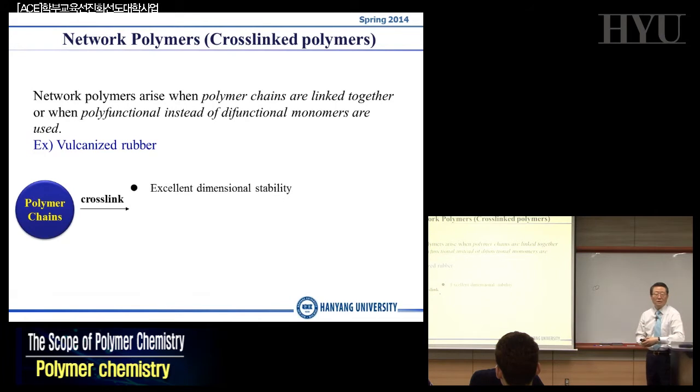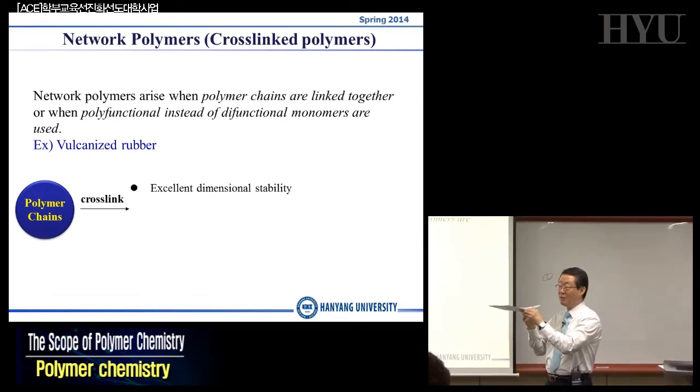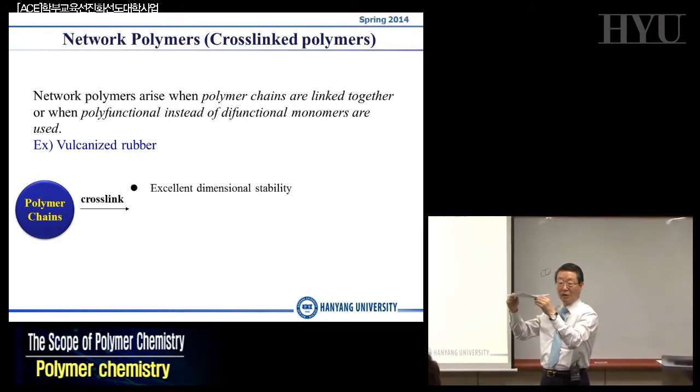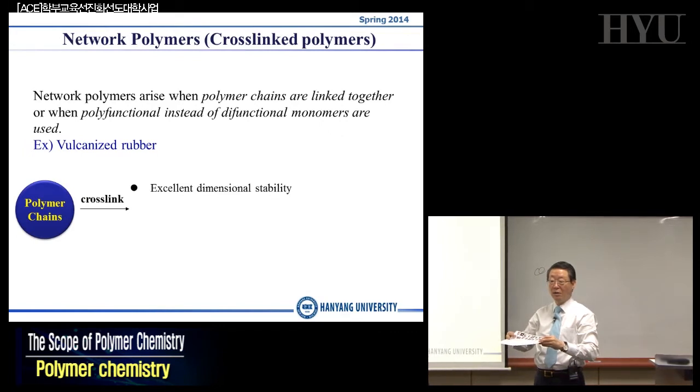The first advantage of the network polymer is that it will impart excellent dimensional stability. If you heat up this film, this paper cellulose, if you put it in the oven, it may shrink or it could expand. Excellent dimensional stability means that it doesn't have any dimensional change once heated up or cooled down.